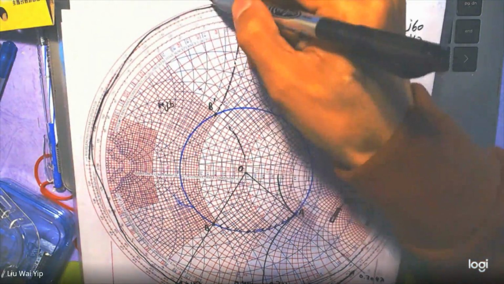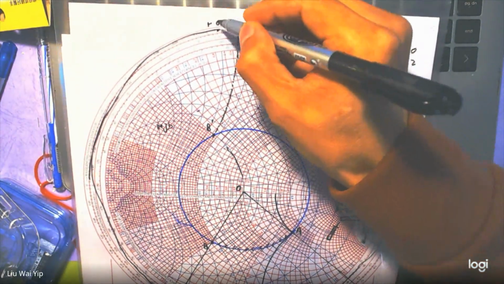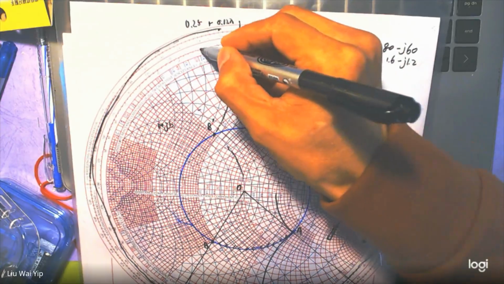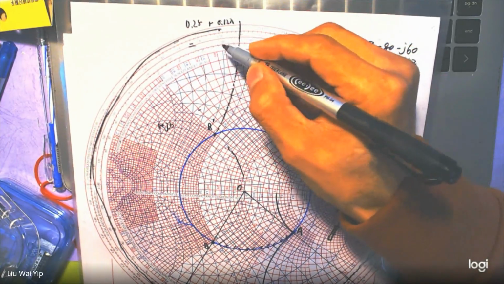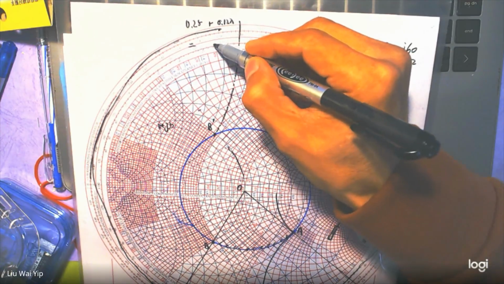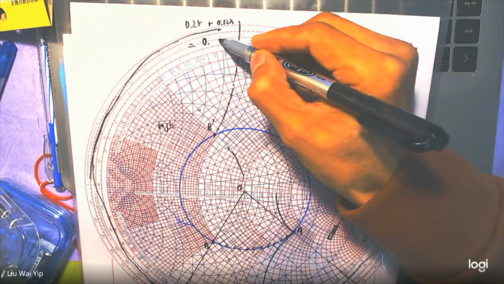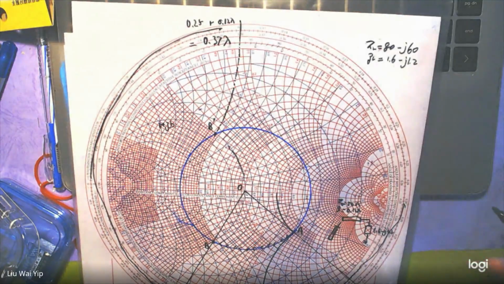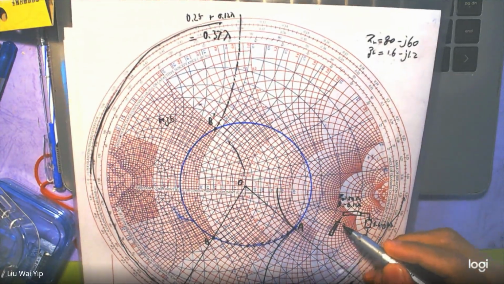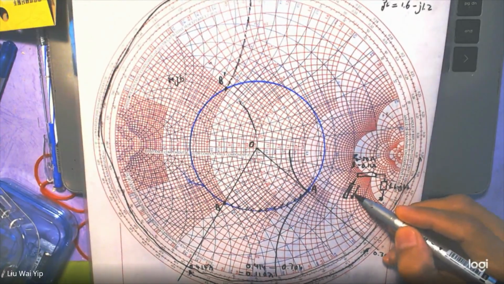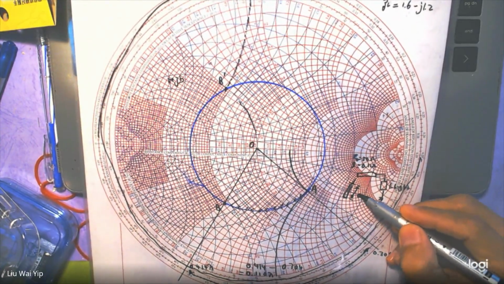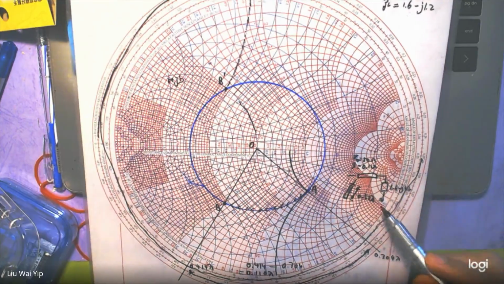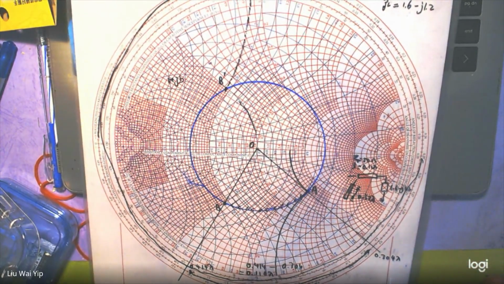What you get is 0.125 plus 0.25, so I get 0.37 lambda. So the length of the open circuit stub that you need will be 0.37 lambda.